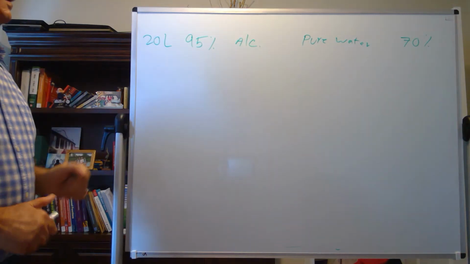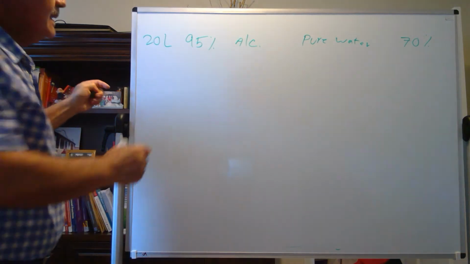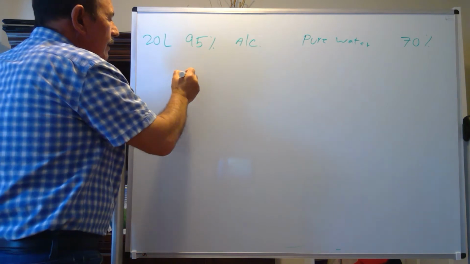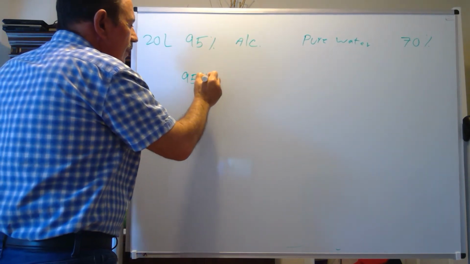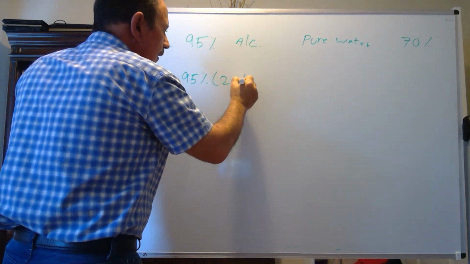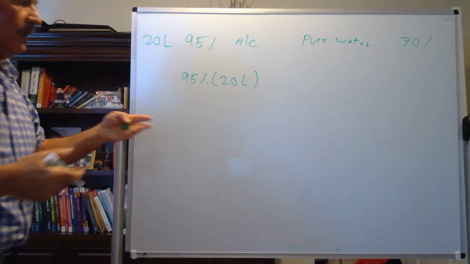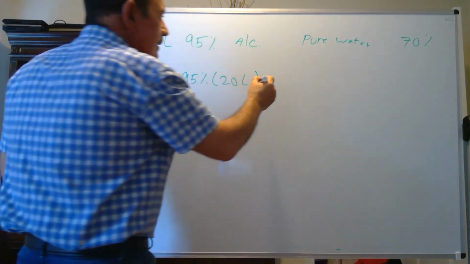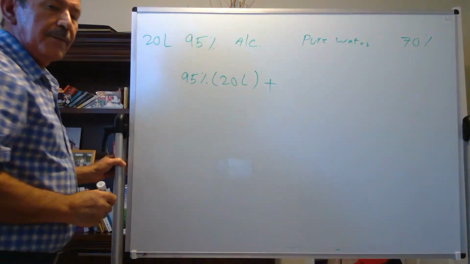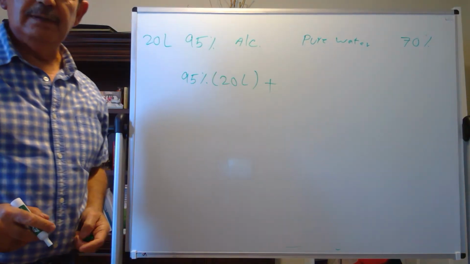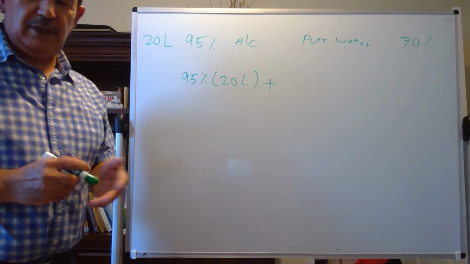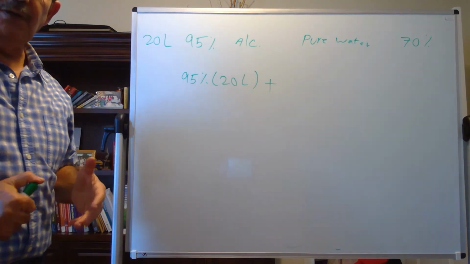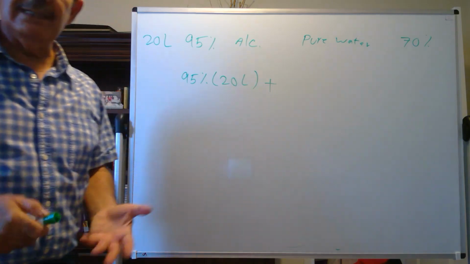Now, 95% of 20 liters. I'm just putting the liter to make it more clear at the beginning. Plus pure water. Pure water doesn't have any alcohol, so the amount of alcohol in pure water is 0%.